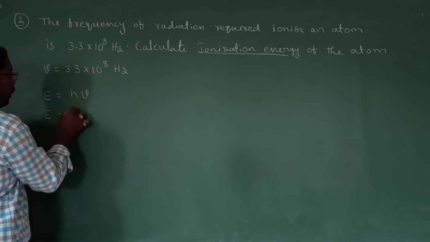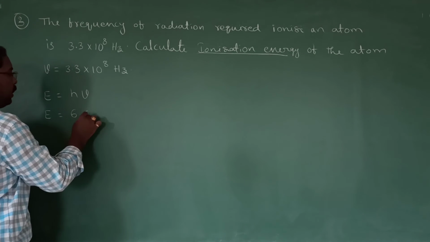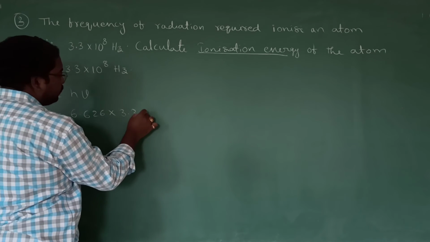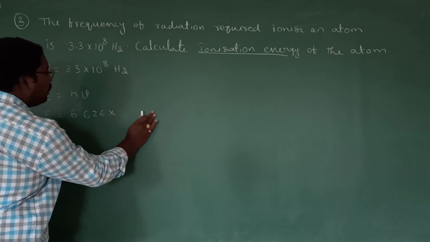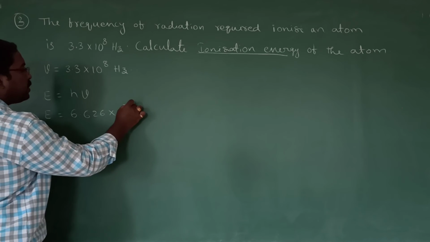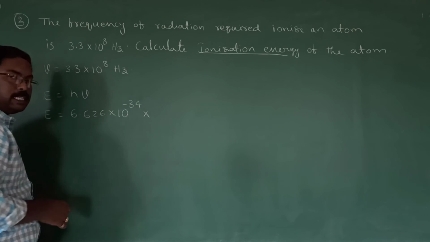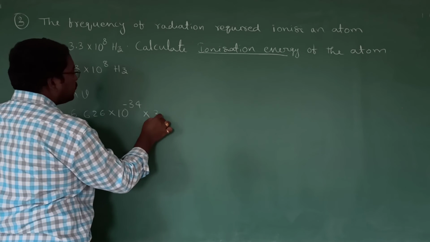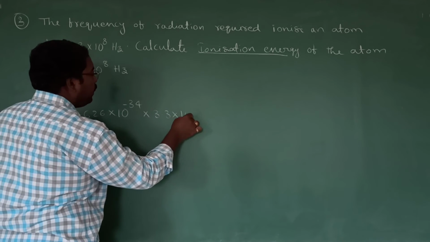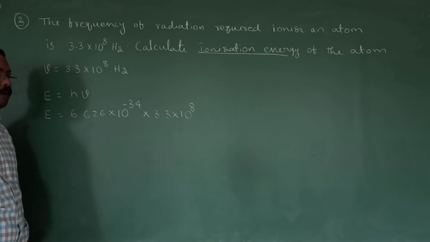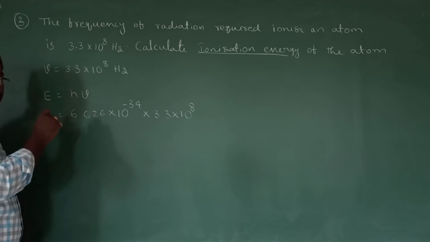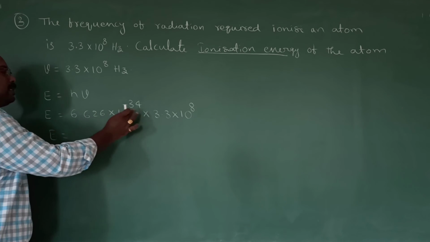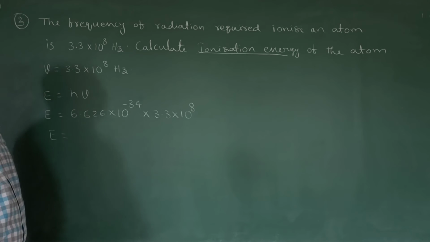Let us substitute the values. It is 6.626 into 3.3, so into 10 to the power minus 34, the h value in terms of joules. Now, the frequency is given as 3.3 into 10 to the power 8. Okay. So when we multiply, how much will we get? Energy is equal to 6.6 into 3.3.